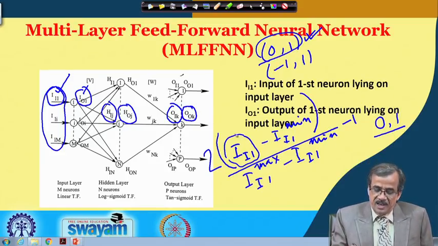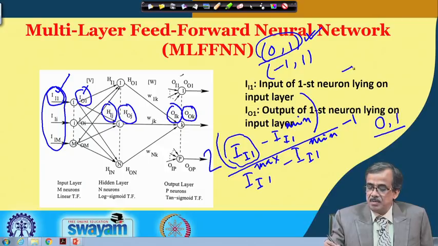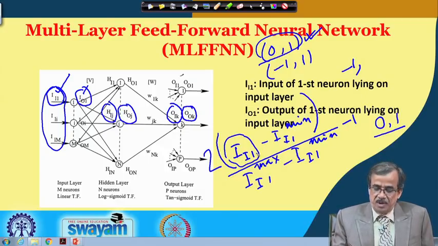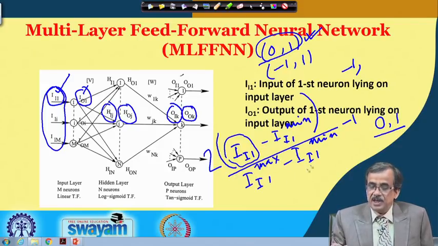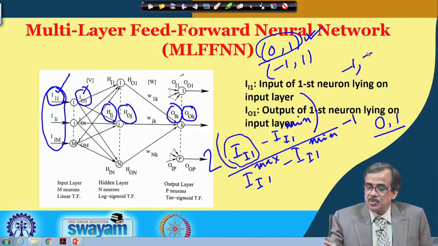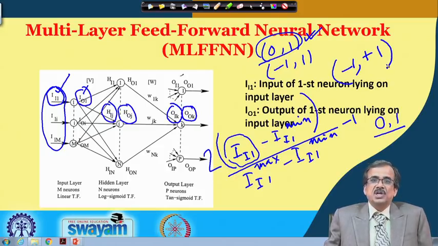If I put I1 equal to I1 minimum, I will get 0 here, that means I will generate minus 1. And if I put I1 equal to I1 maximum, I will get 2 minus 1, which is nothing but plus 1. So, I can vary this particular input in the scale of minus 1 to plus 1.